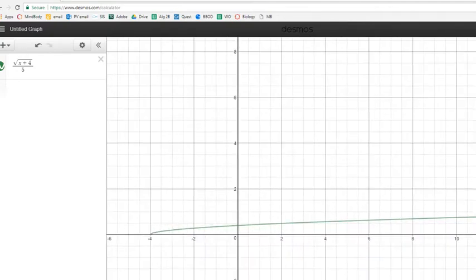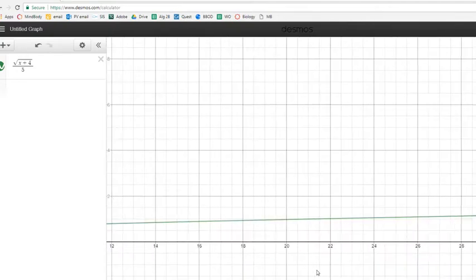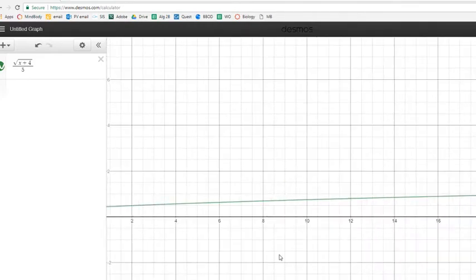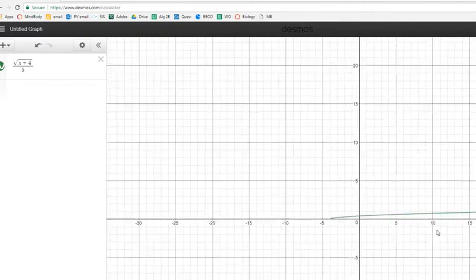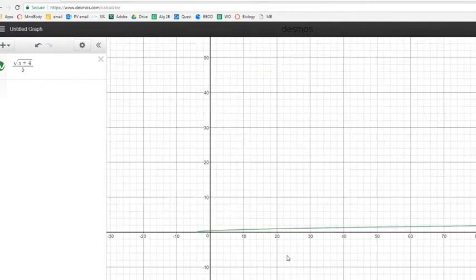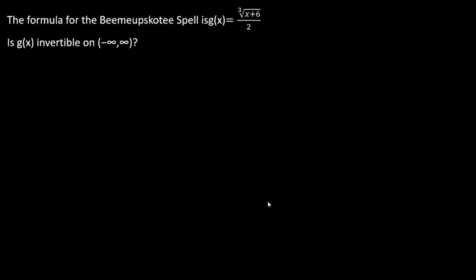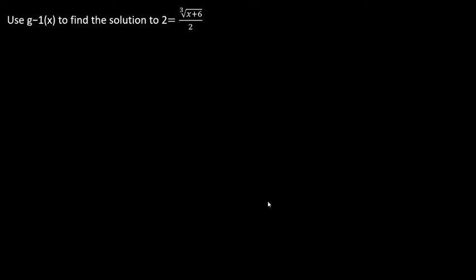Or would you need to figure out a way to restrict the domain? All right, so again, I'm just giving you a look at this. In fact, I'll go back to the beginning and zoom out so you can see the long-term behavior of this. All right, so look at this radical function. Is this one-to-one or not? And I'm just going to leave it at that for that question.